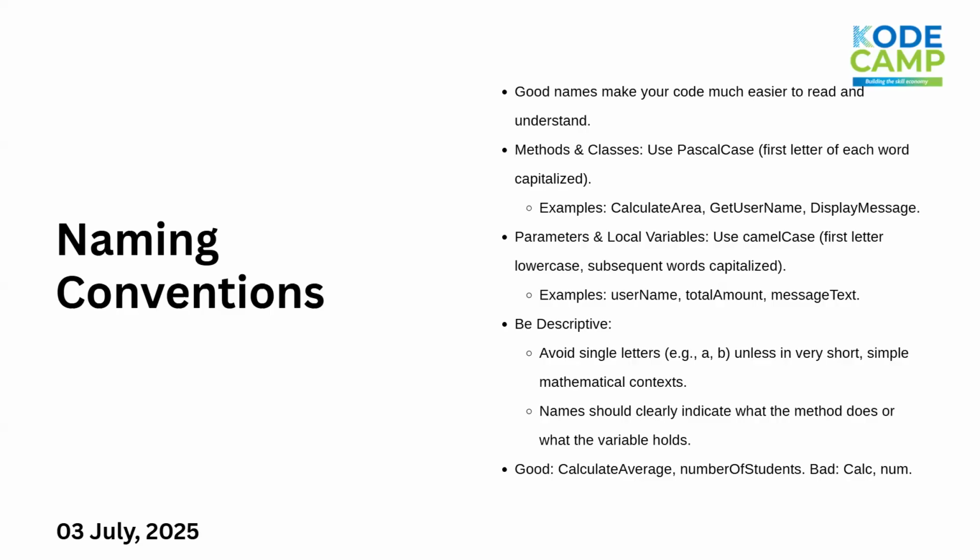Whatever name you give your method has to be descriptive. So if you are asked to write a program that adds two numbers and I give my method the name DoIt or SolveIt, does that make sense? Is that descriptive enough?